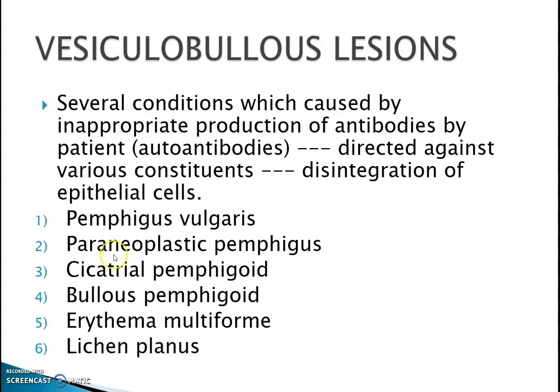In pemphigus, where does it happen? Within the epithelium, whereas in pemphigoid, it's like pemphigus with OID, pemphigoid. So it doesn't happen within the epithelium, but between the epithelium and the connective tissue.